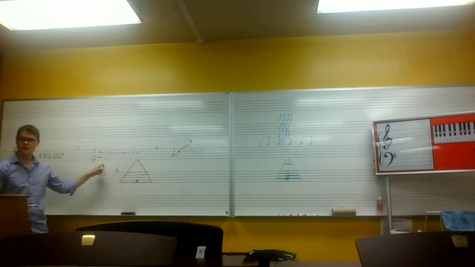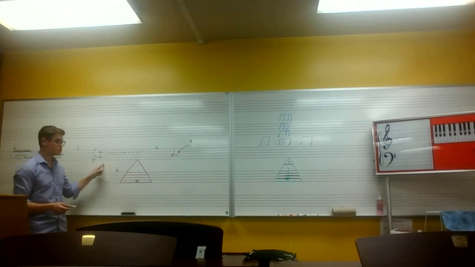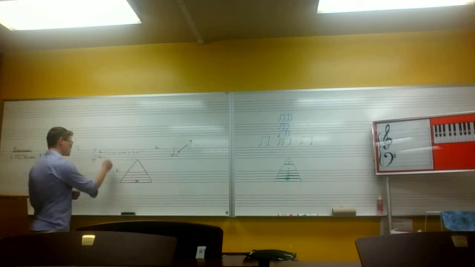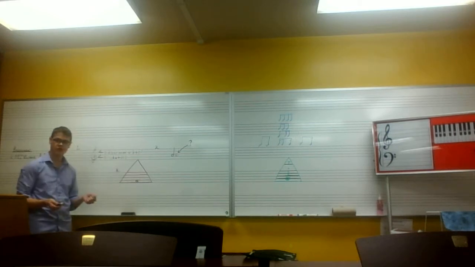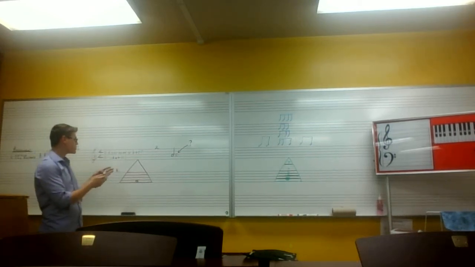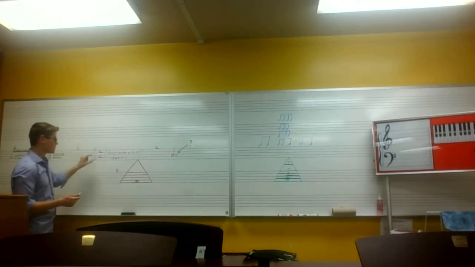Does anybody know? Great. It tells us what the beat is. So what would the beat be in this case? A quarter note. Great. So we understand what it means to have these numbers in the time signature.